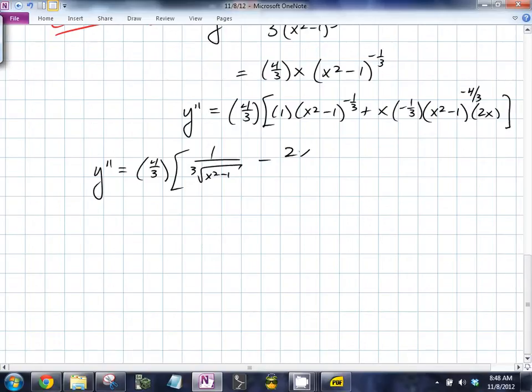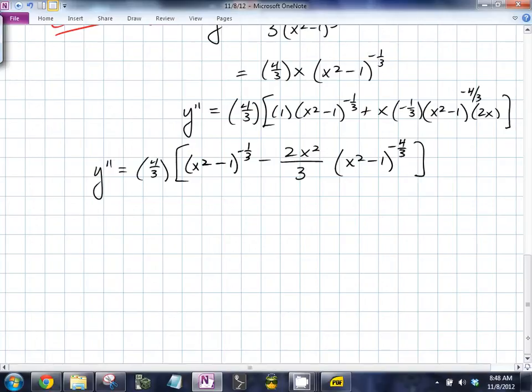Minus 2x squared over 3, right? I haven't done the other one yet. Actually, let's keep this. I'm not going to flatten it or expand it like that. Minus 2x. Do you see where I get the 2x squared? Minus 2x squared over 3 times x squared minus 1 to the negative 4/3.